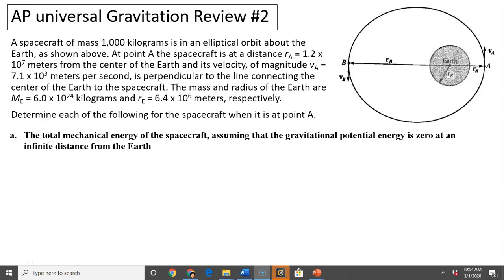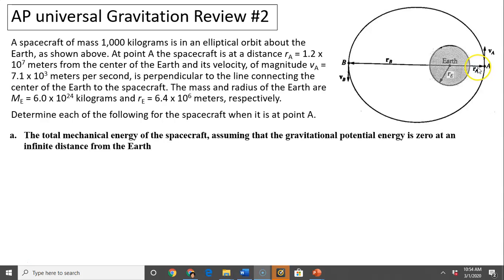The question is: a spacecraft of mass 1,000 kilograms is in elliptical orbit about Earth, as shown. At point A, the spacecraft is at a distance of RA, which is 1.2 times 10 to the 7 meters from the center of the Earth, and it's moving with a velocity perpendicular to the line connecting the center of the Earth and RA.